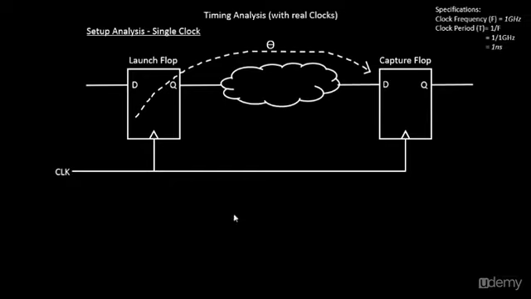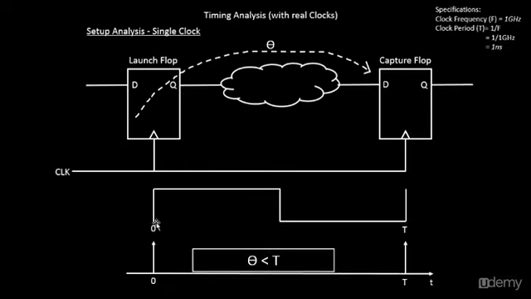Without the clock tree, when clocks are ideal, the requirement that comes from this particular timing path is this: if this is your waveform, which is 0 to T, nothing but your 1 nanosecond, the combinational delay theta should be less than your time period T, which is the inverse of the clock frequency.